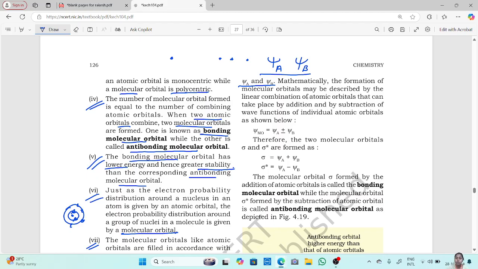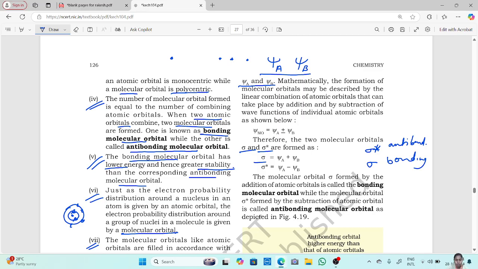Now, therefore, two molecular orbitals are formed, that is sigma and sigma star. Now, what is sigma and sigma star? You know, bonding and anti-bonding molecular orbitals are formed, right? Sigma stands for bonding molecular orbitals and sigma star stands for anti-bonding molecular orbitals.